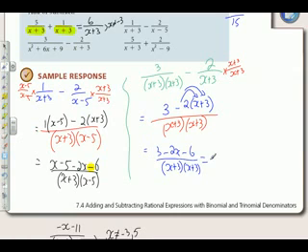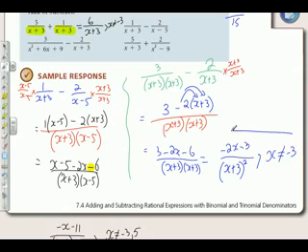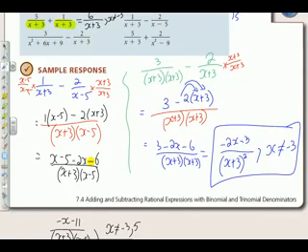Simplify it as far as we can. Combine our like terms. Negative 2x minus 3 over x plus 3 squared. Comma, NPVs, x cannot equal negative 3. Last one.